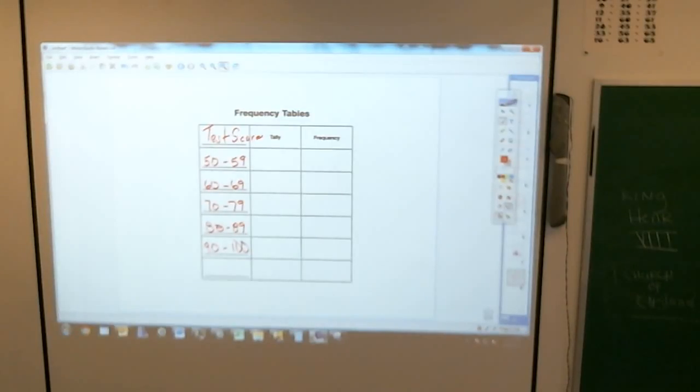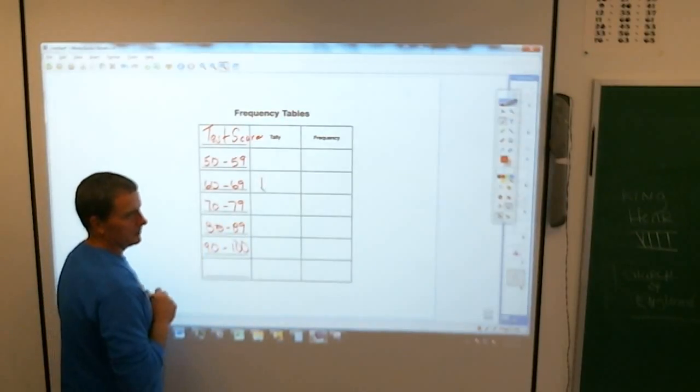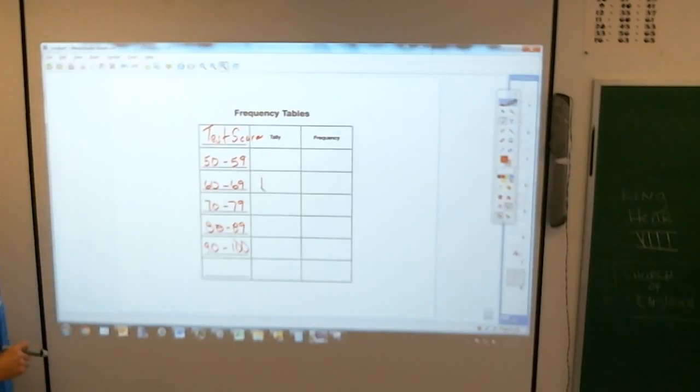So right now, I am going to let you fill in the frequency from your book. In other words, if the first score I gave you was a 63, you put a tally mark there. Do that for all the scores there, and let's see what your frequency table looks like. Will it match up with your friends, neighbors, or relatives? Can you do it correctly? Oh, I am so nervous.